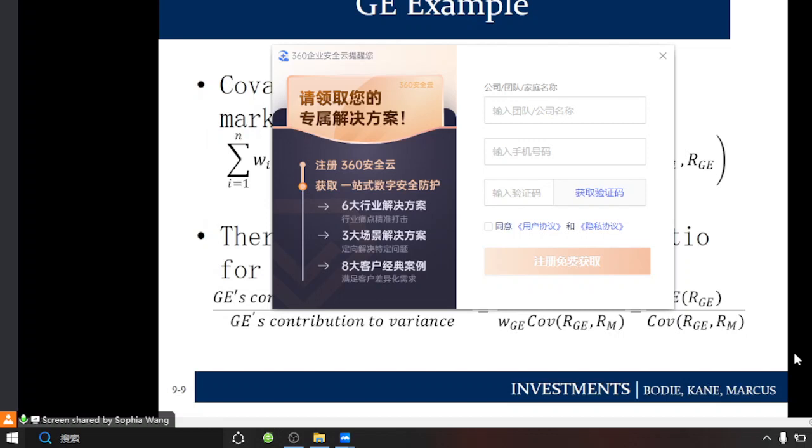We need to find the contribution because they give the contribution both in the risk premium and the variance. They both give the contribution. So we should know the relationship between the contribution to risk premium, that means expected return, and also the contribution to the variance. And we find that it's like this.